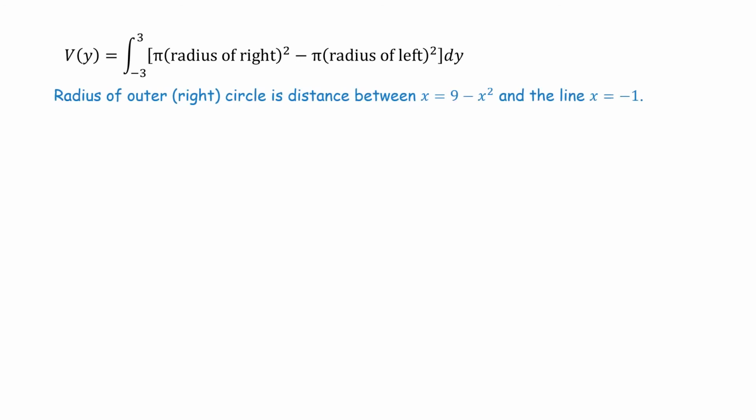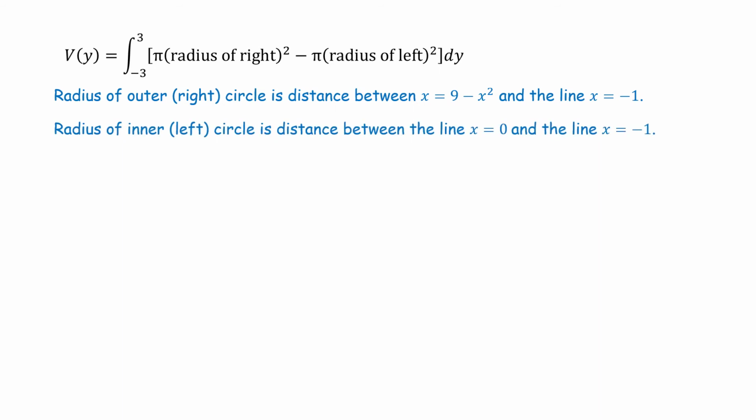Continuing, the radius of the outer or right circle is the distance between x equals 9 minus y squared and the line x equals -1. The radius of the inner or left circle is the distance between the line x equals 0 and the line x equals -1.